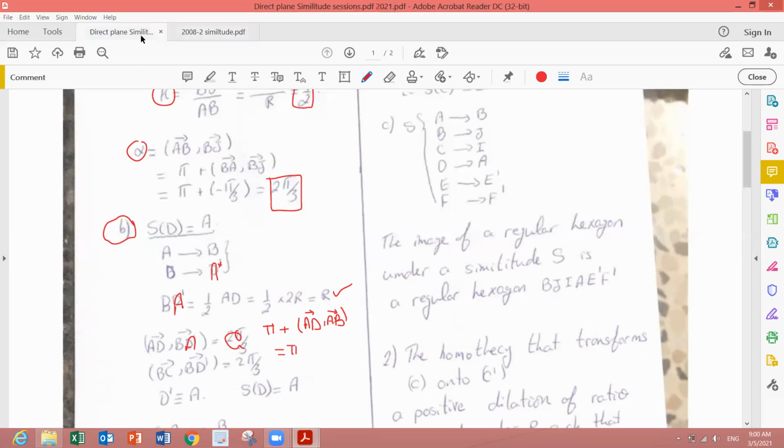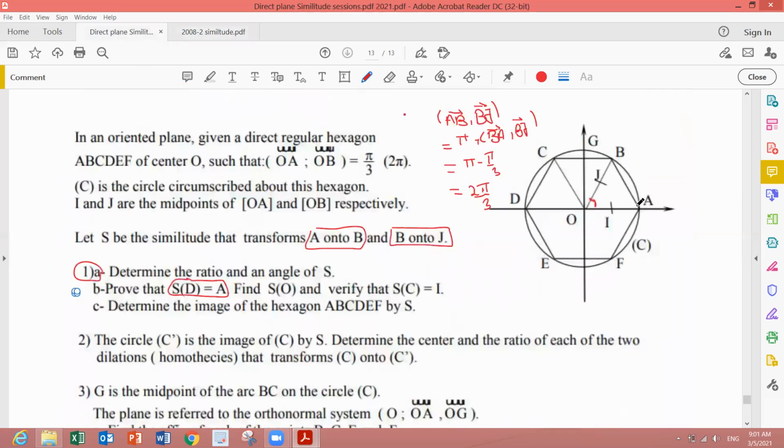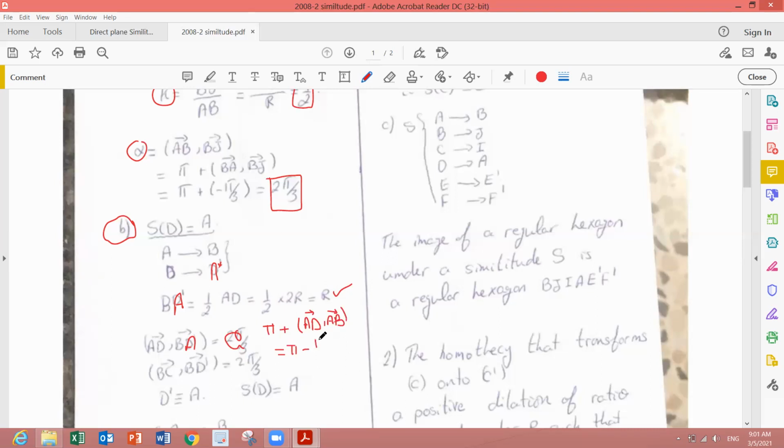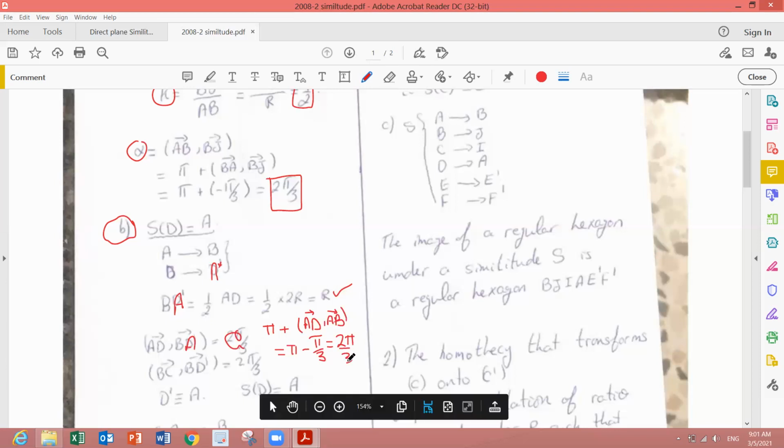For (AD, AB), we move in the negative sense, minus pi over 3. So pi minus pi over 3 equal 2 pi over 3. The angle between BC and BA is 120. Therefore, S of D equal A.